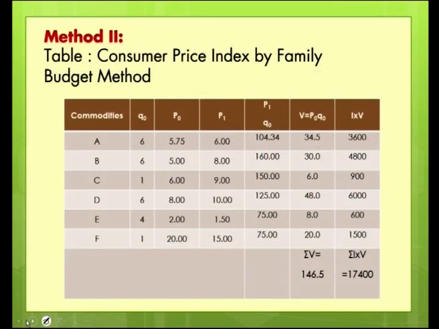Next, consumer price index by family budget method. Again, the values are written in this format, that is Q naught, P naught, P1 values. Then we calculate I is equal to P1 by P naught into 100.